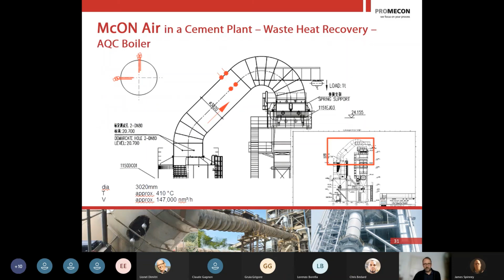Here we have an example of a waste heat recovery boiler, I think it was an Indian plant. Here we see also that with bigger ducts, around or above 2.5 meters, around 3 meters, additional sets of sensors should be applied to get a bigger coverage of the duct.